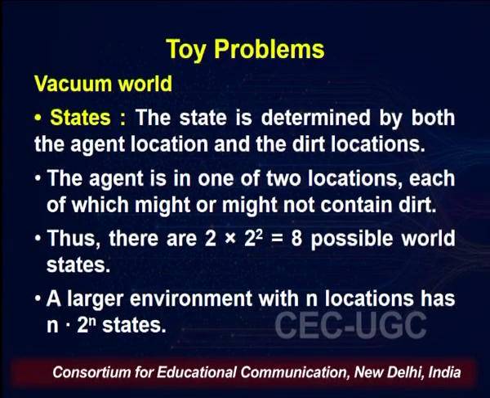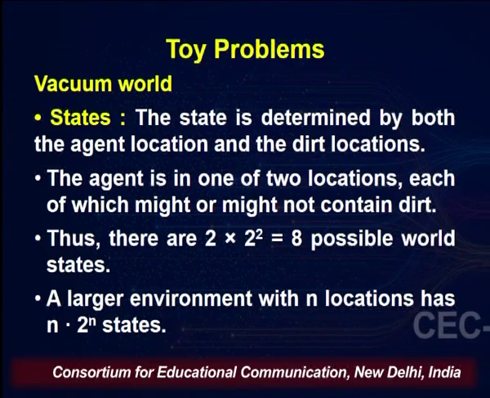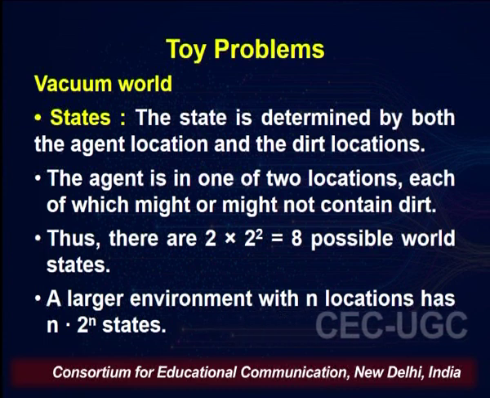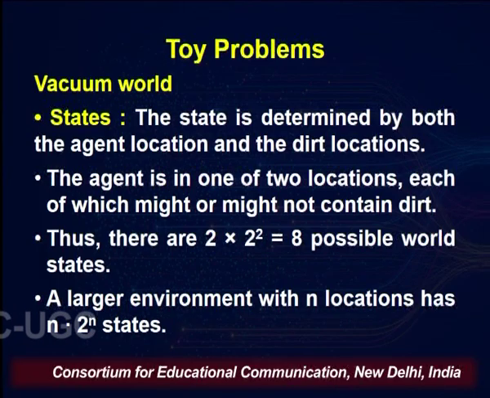Now let us see the states. A state is determined by two things, the agent's location and the location of the dirt. The agent is in one of the two locations, and one or both might contain dirt or might not.